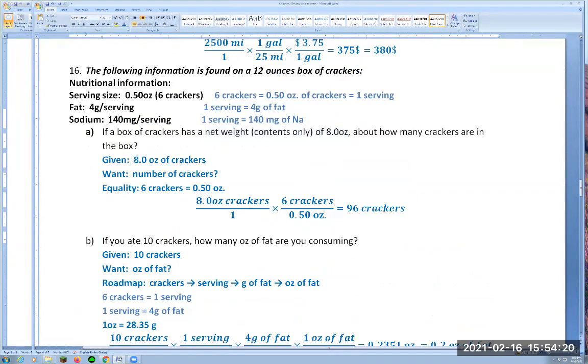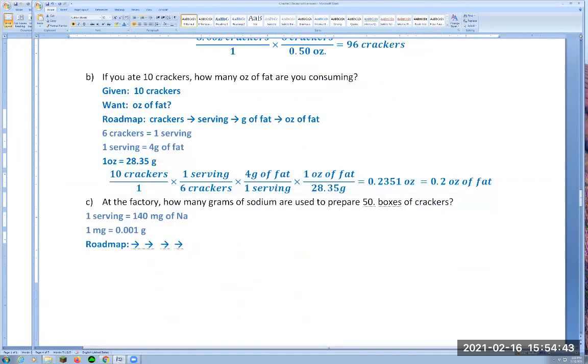So here we see that a box of crackers has a net weight of content only of 8 ounces, which means 8 ounces of crackers corresponds to 1 box. And then we know the number of servings for the mass of crackers in ounces. So let's use this one.